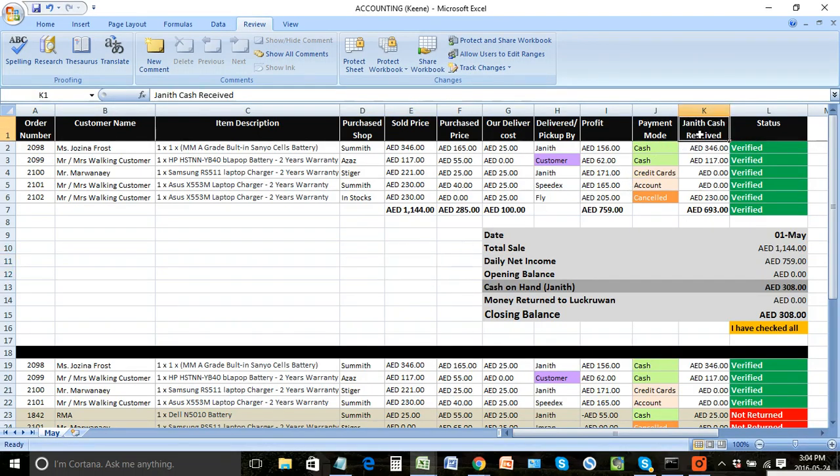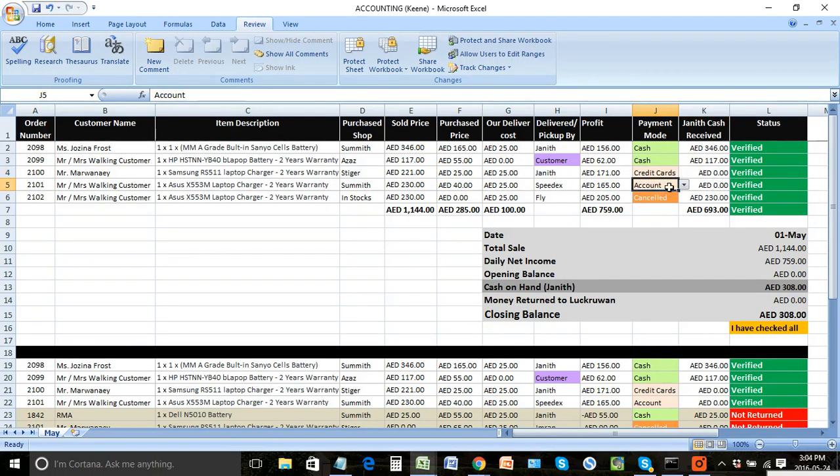So this is Janit cash receive. Think about it. If Janit delivered this item, and if the customer paid in cash, that money goes to Janit, right? However, if a customer paid by credit card, Janit will not receive that money. It has to be 0.